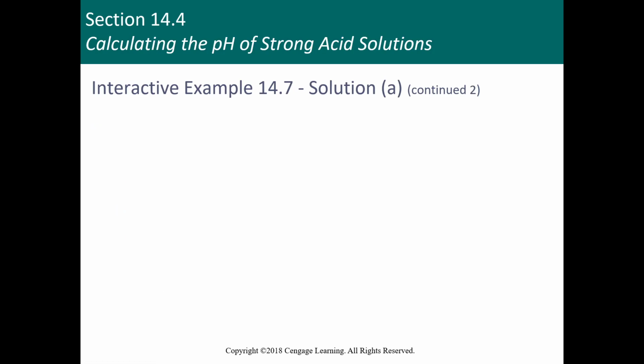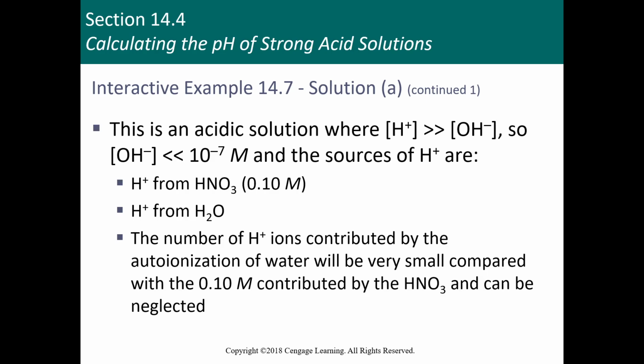And this is true anytime you have values that are typically larger than 10 to the negative 6-ish, okay? If you're 100 times difference, you can pretty much ignore water's autoionization, all right? So typically when you put in any significant concentration of an acid in, it will completely overwhelm the water.